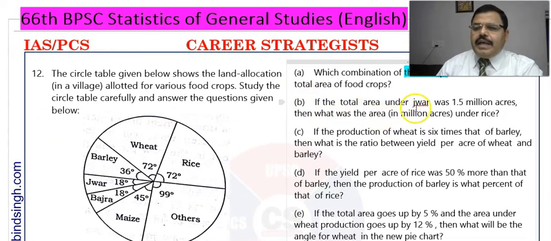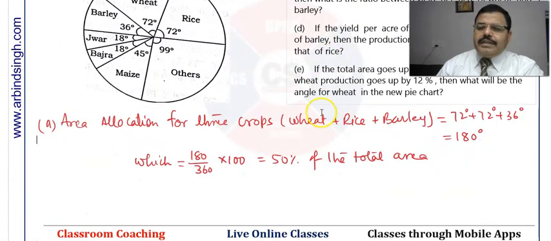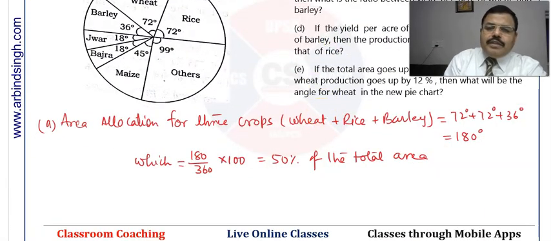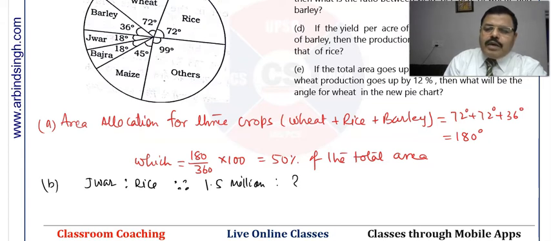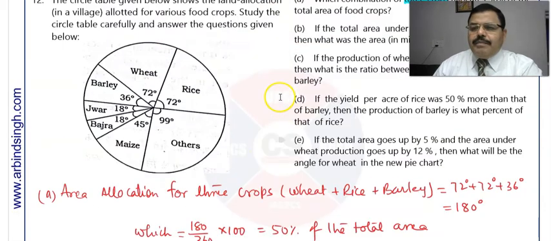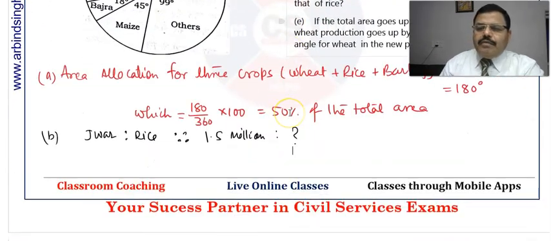If the total area under the jar was 1.5 million acres, then what was the area under the rice? To answer the second part of the question, we can use ratio and proportion. Here jar and rice are proportionate: jar is 1.5 million acres, and rice is what?